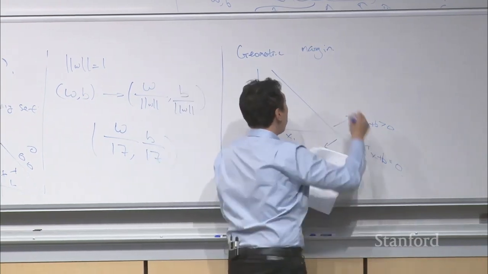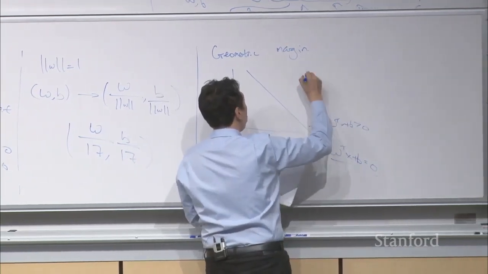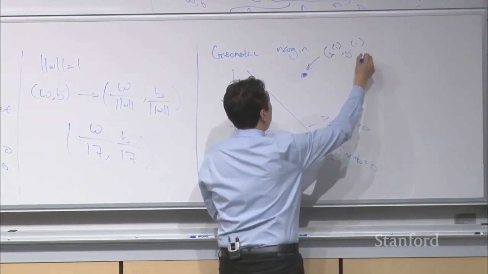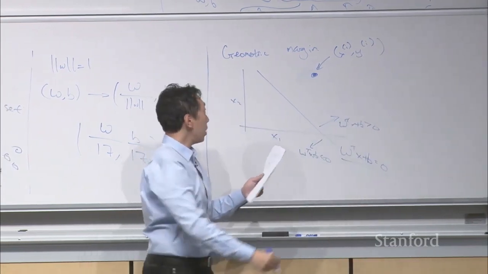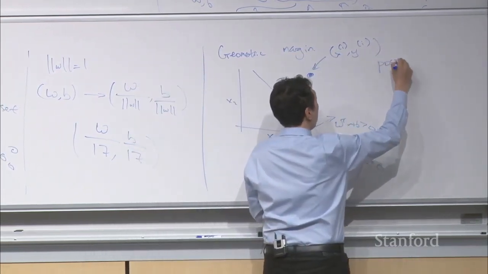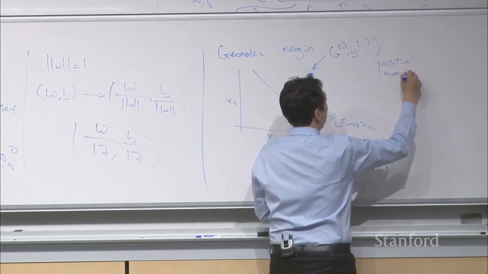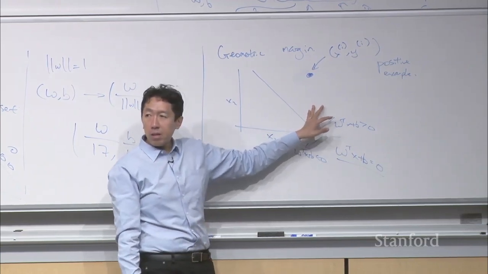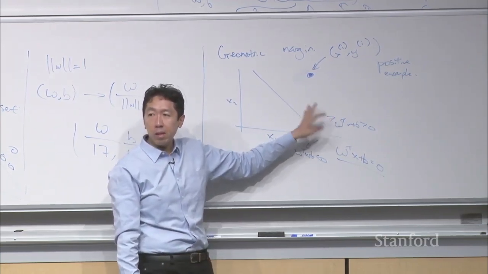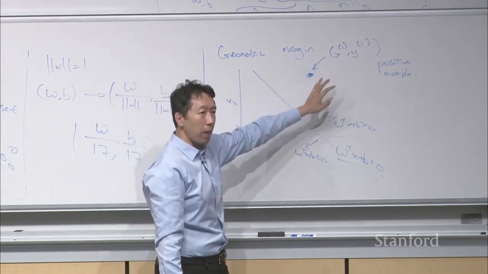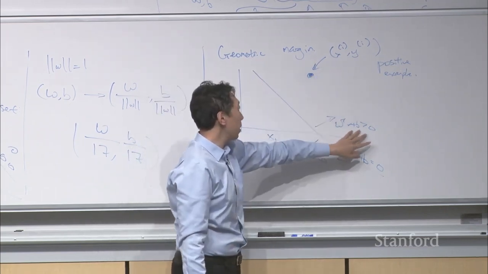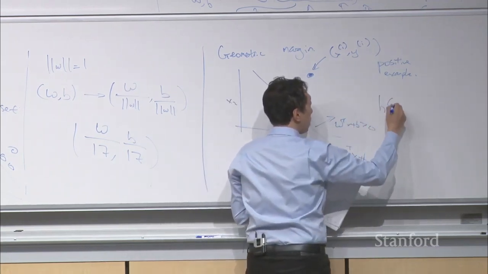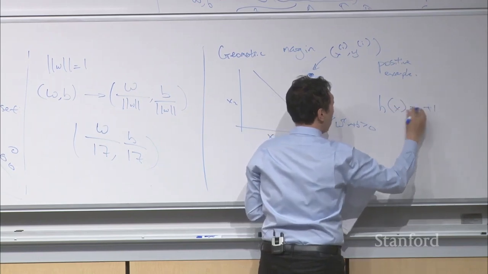Now, let's say you have one training example here, the training example x i comma y i, and let's say it's a positive example. Your classifier is classifying this example correctly, because in this upper right half plane, W transpose x plus B is greater than 0, and so your classifier is predicting plus 1.